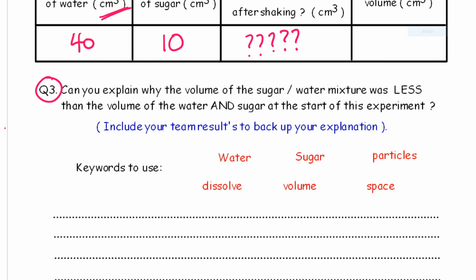Final question today. Can you explain why the volume of the water and sugar mixture was less than the volume of the water and sugar at the start of the experiment? Here's the key words to use. You're going to write this up yourself. I'm going to do this verbally now, and I'm going to highlight when I use the terms that you need to use, but you need to write this down on your own.